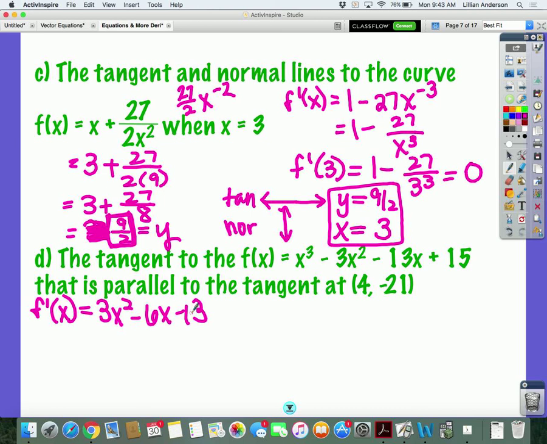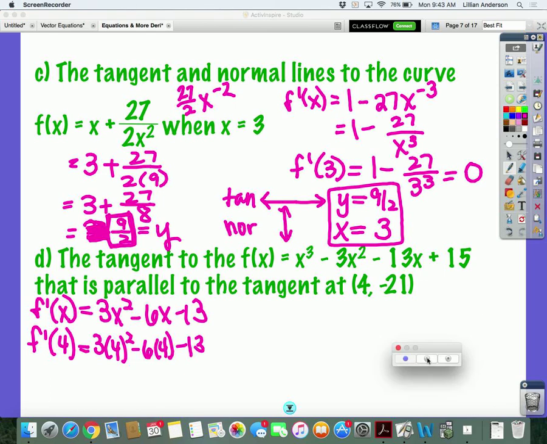And how do we do that? By plugging in 4. Okay, so when we plug in 4, what do we get? What's the slope? 11. Yes, the slope is 11.